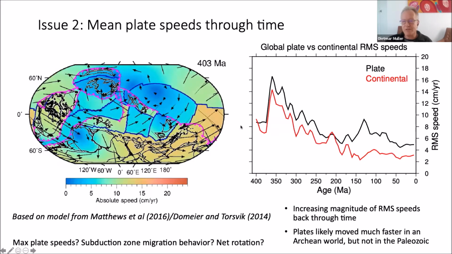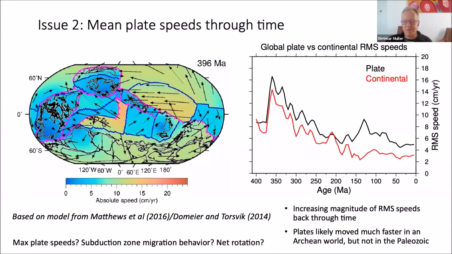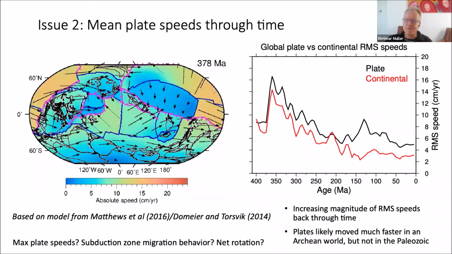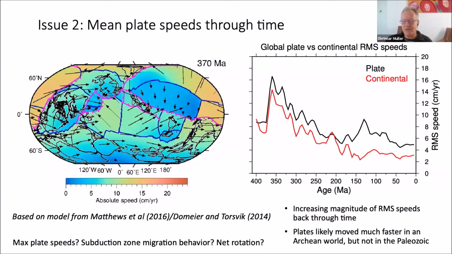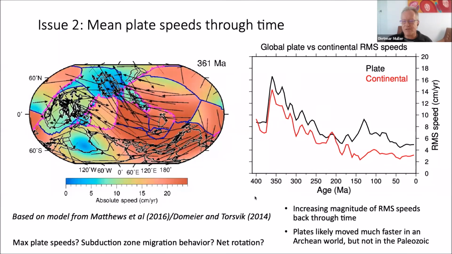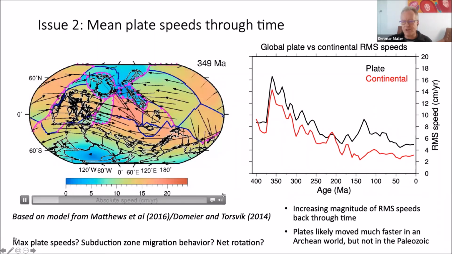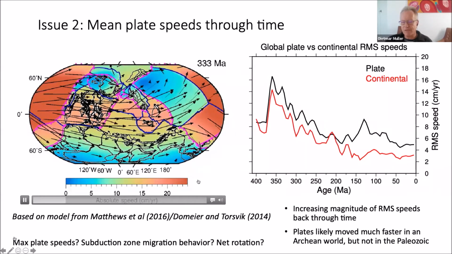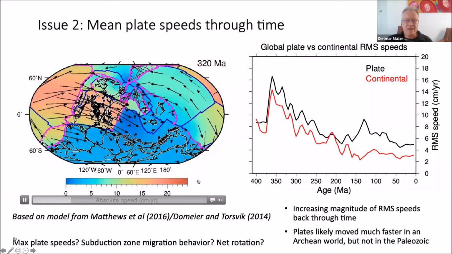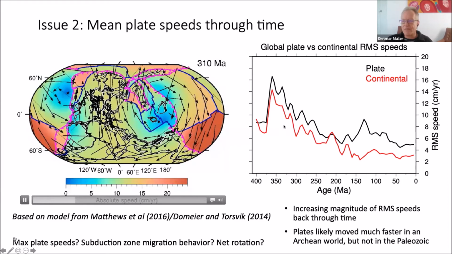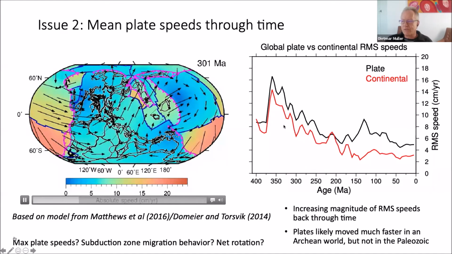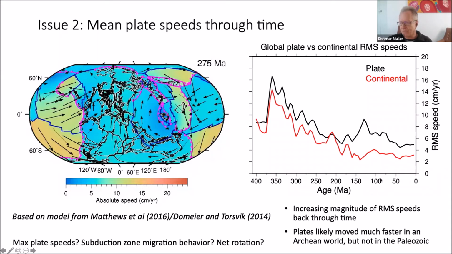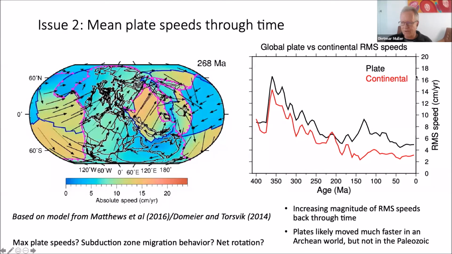Now, that's not the only issue with the approach that I would call the traditional approach at this point. Let's look at mean plate speeds through time, and that's shown here on the left-hand side based on the same plate model that I showed before, except the colors now indicate absolute plate speed. On the right-hand side, we're looking at global versus continental root mean square speeds of the plates through time over the last 410 million years. There's the RMS speed on the y-axis here.